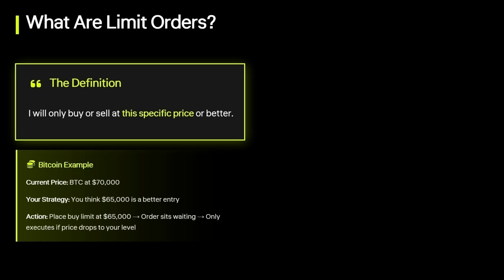So instead of buying immediately at the market price of 70k, you place a buy limit order at 65,000. And then you wait. Your order is just sitting there waiting. This trade will only happen if the market reaches your price of $65,000. And if price never drops that low, your order will never get executed.